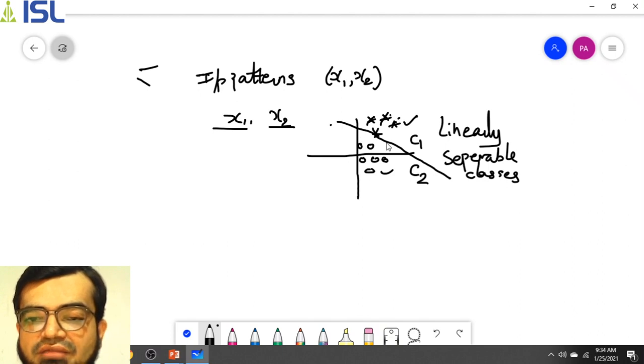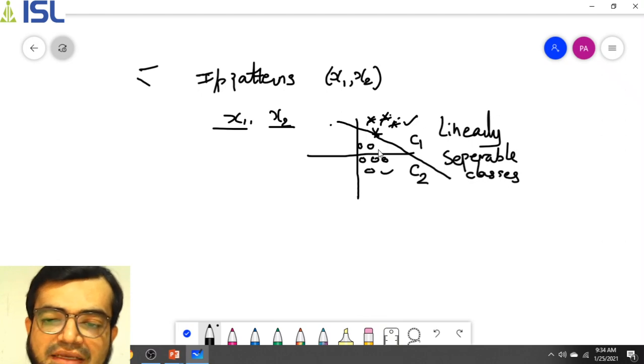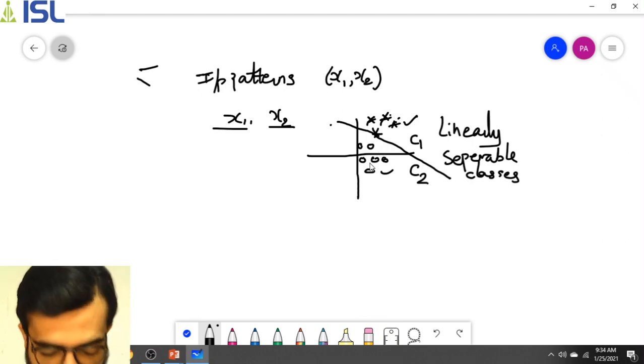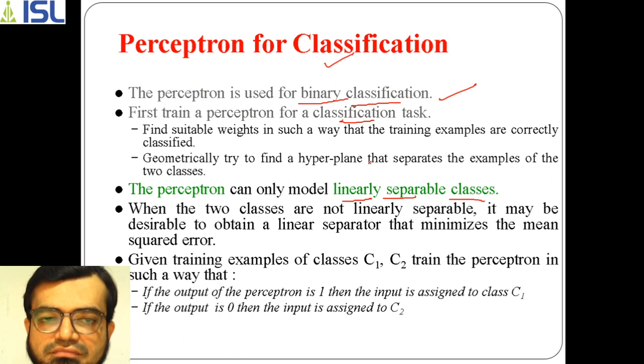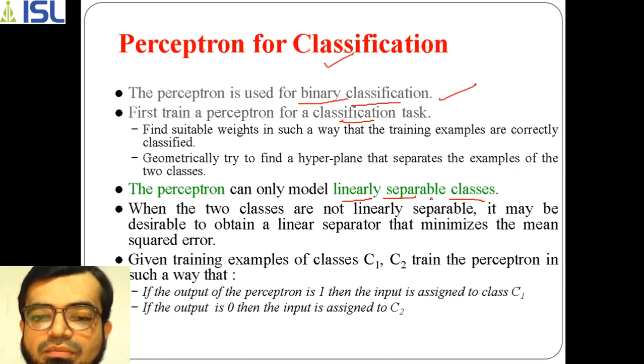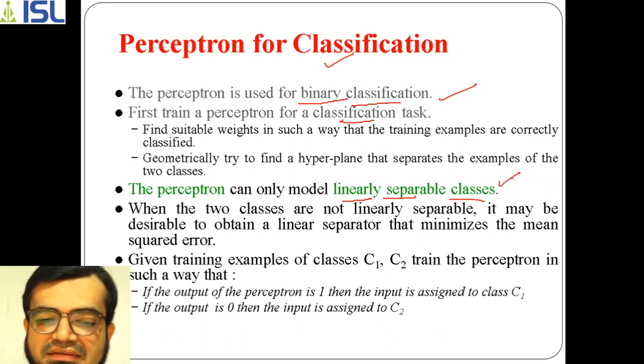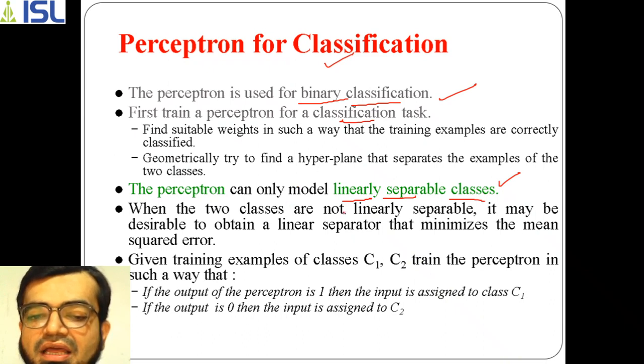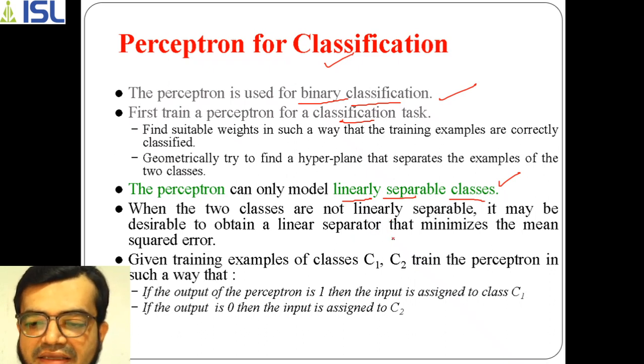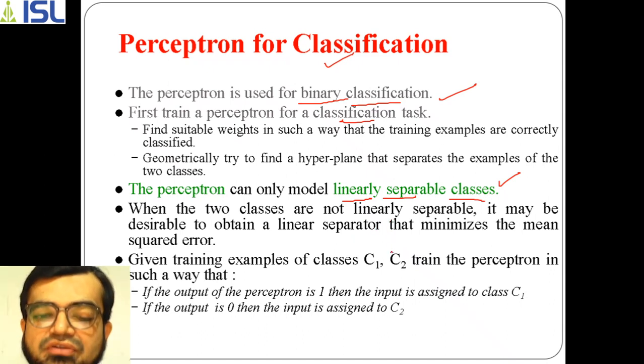This is how linearly separable classes work. So this perceptron models linearly separable classes. When two classes are not linearly separable, it may be desirable to obtain a linear separator, because the main thing is that it minimizes the mean squared error.